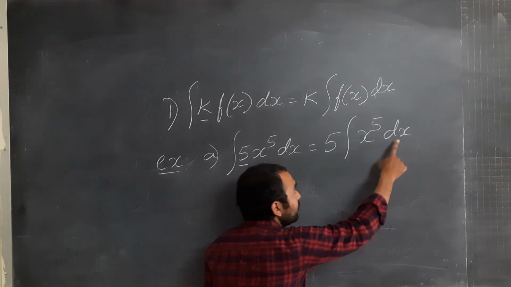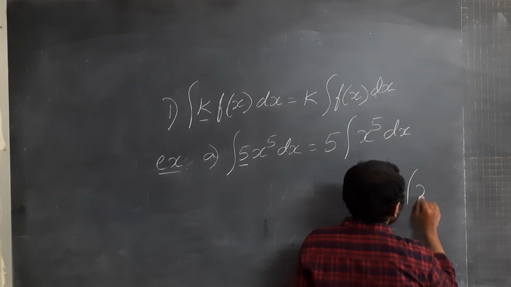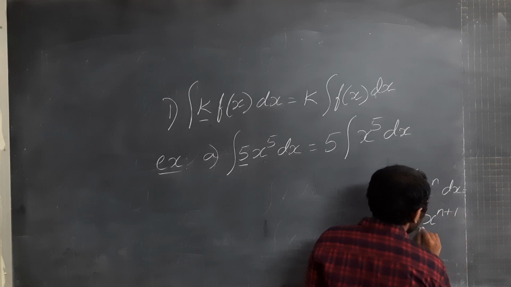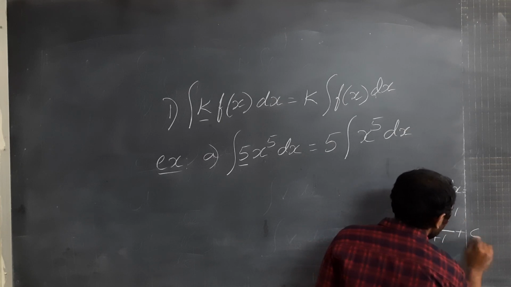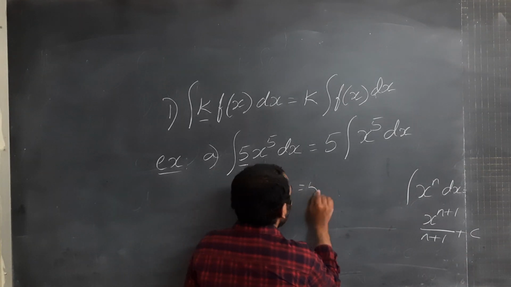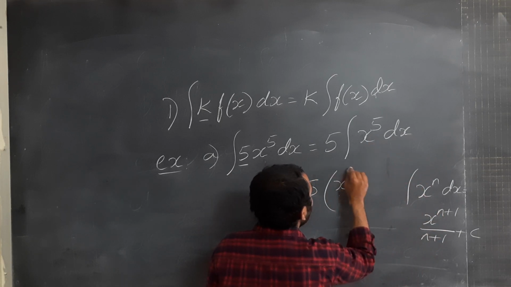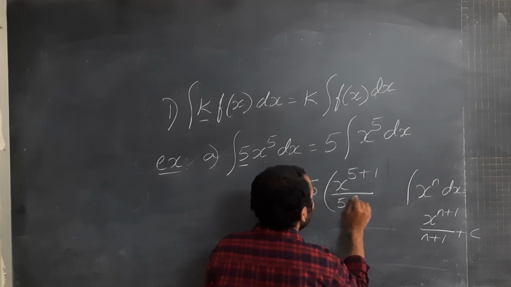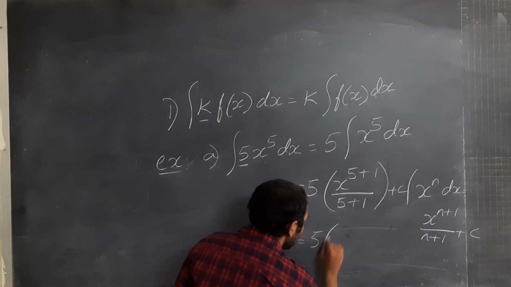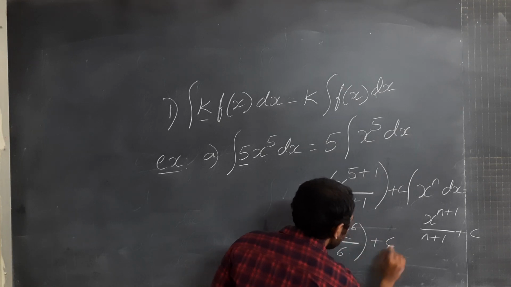The integration of x power n into dx is x power n plus 1 divided by n plus 1 plus c, where c is the arbitrary constant. In place of n we have 5: x power 5 plus 1 divided by 5 plus 1 plus c. 5 plus 1 is 6, so x power 6 divided by 6 plus c.